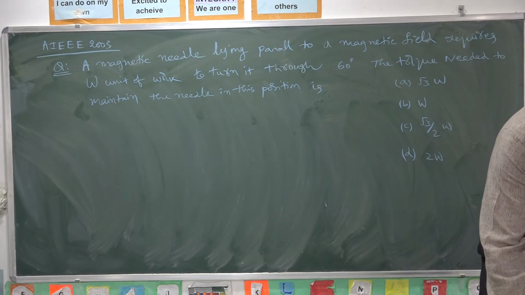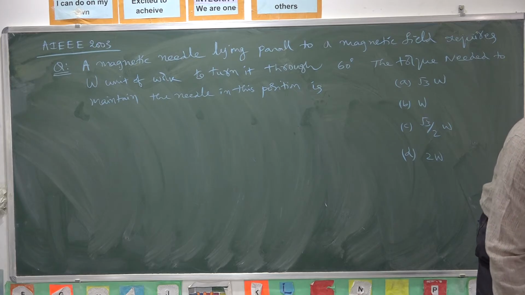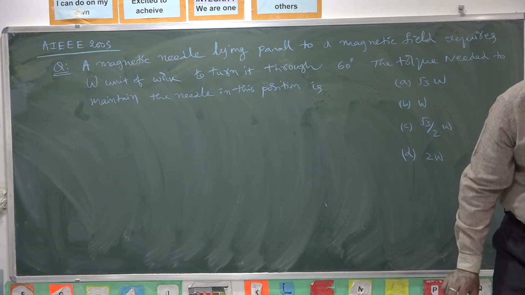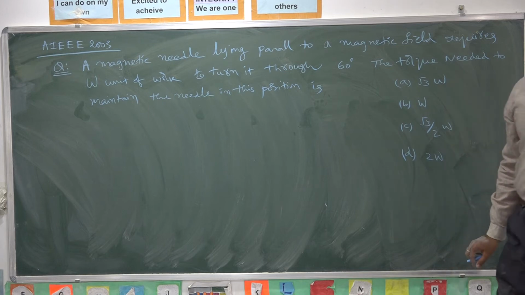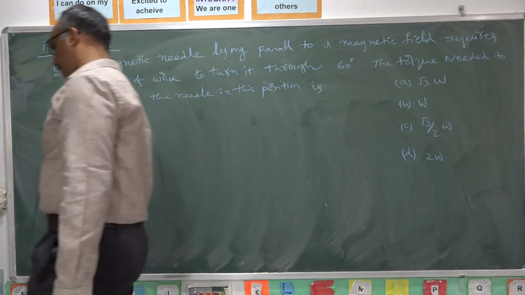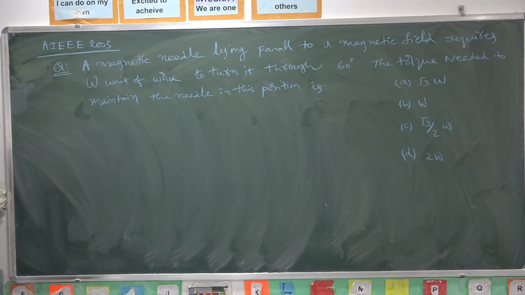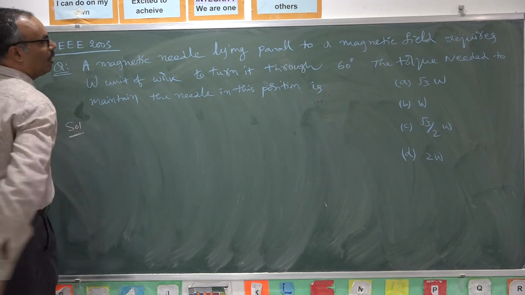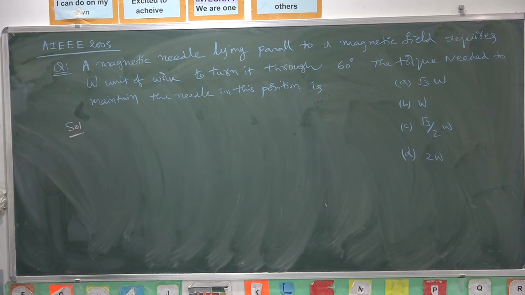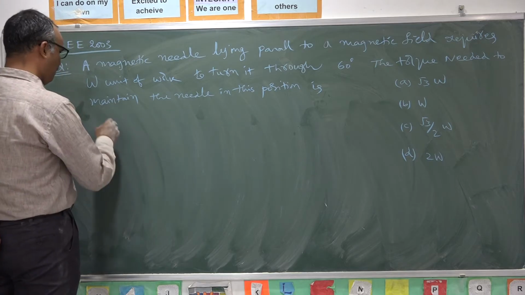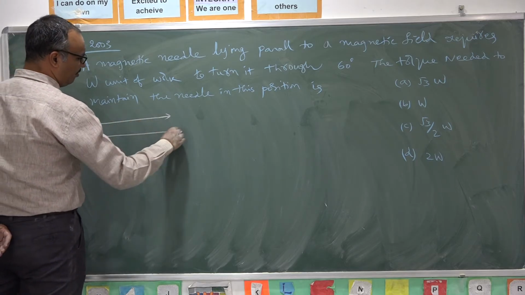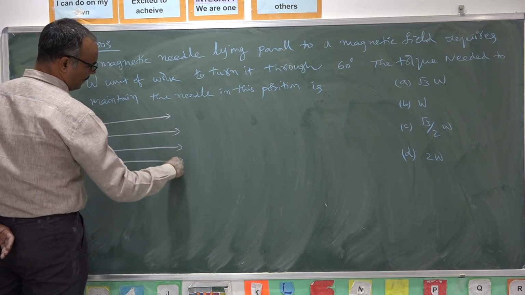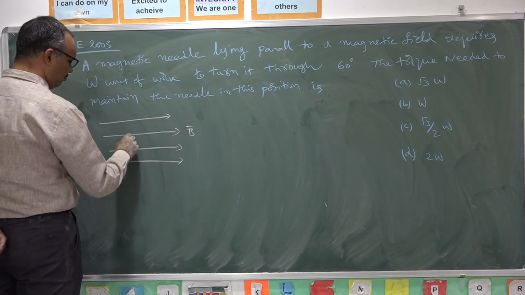So we need to solve this question. Let us solve it. If you read the question, the magnetic needle is lying parallel to the magnetic field. This is magnetic field B bar.